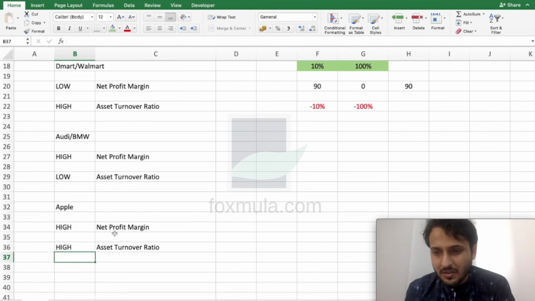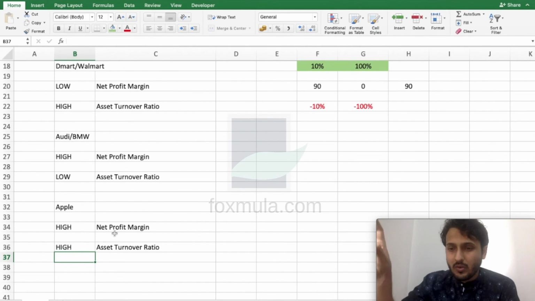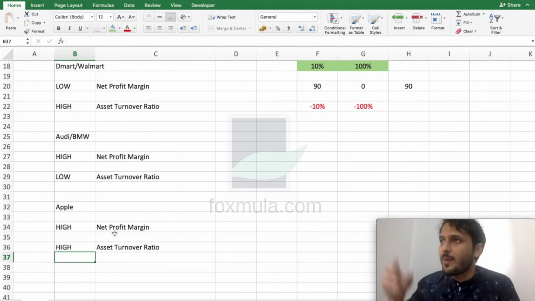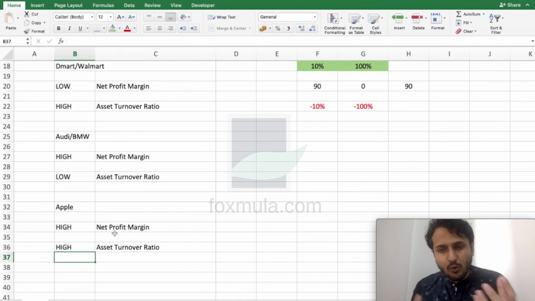Talking in layman's terms, if I want to sell vada pav, I stay in Mumbai, so vada pav is the main street food over here. You can think about your city's street food as well. If I am selling vada pav, then selling 2 or 3 vada pavs will not do it for me, right? So I need asset turnover ratio to be high.